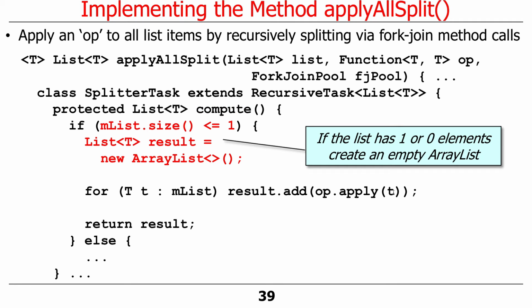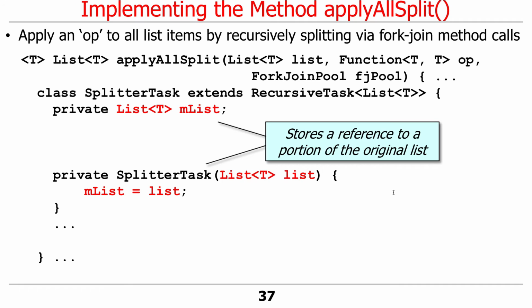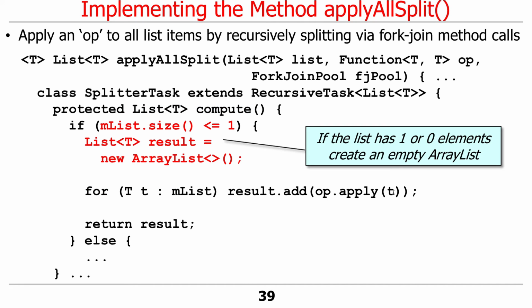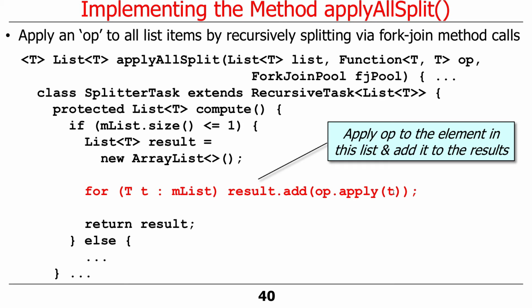So if the list that we have here, this is the list that was passed in to the constructor, if the list at this point is less than or equal to 1, in other words, if it's got 1 item or less, then what we do is we make ourselves a new result list, and we iterate through each element in the list, and there's typically one element. There could be 0 elements, but there's typically one element. But we use a for loop just because that way it scales a little better if we decide to change this to be less than or equal to 2 for whatever reason, or less than or equal to n.